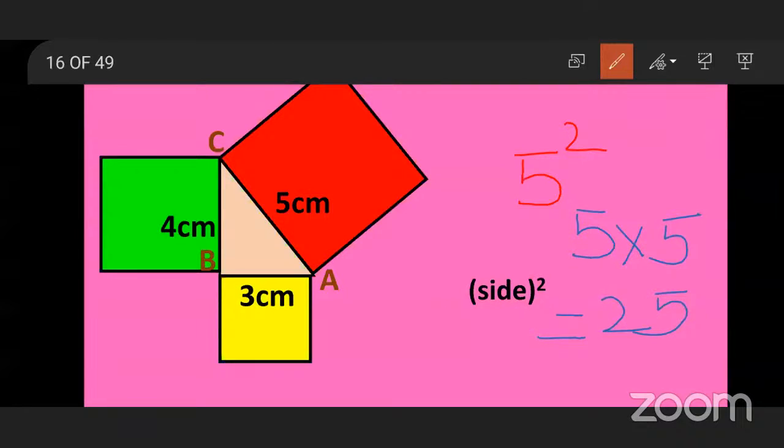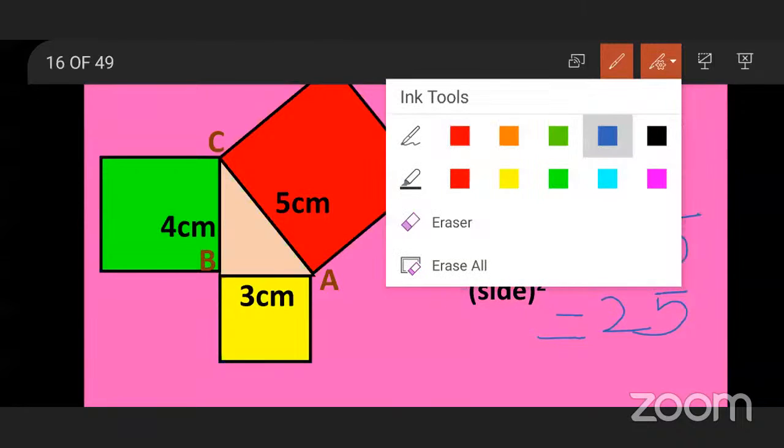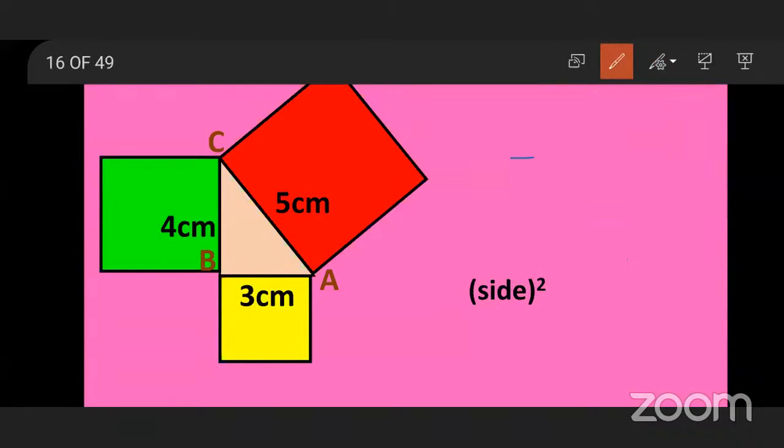And the child who told the answer is 10, you might have done it like this: 5 square means 5 times 2 equals 10.